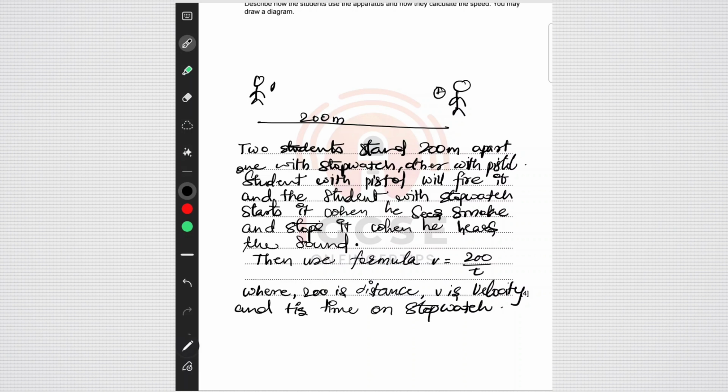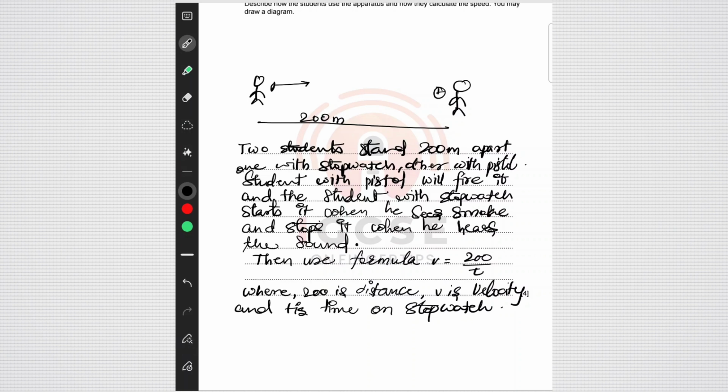Right, so as soon as this gun is fired, there is smoke, and on top of that there is a loud sound. Smoke can be seen immediately because light travels faster than sound, but the sound will take some time to reach here. We have taken a considerably large distance so that the person is able to differentiate, or at least have some time to start and stop the stopwatch.